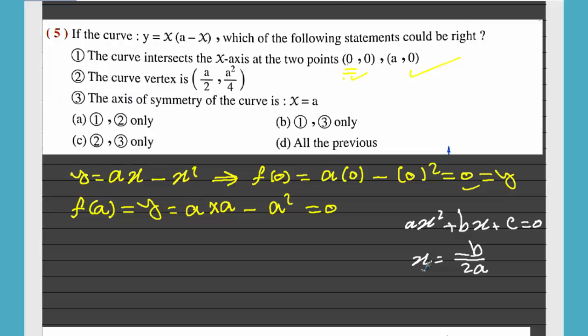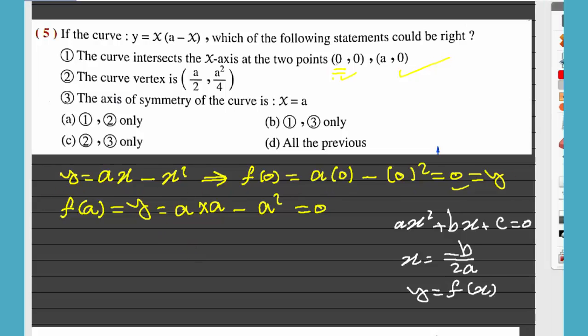This is the x coordinate, and the y coordinate equals f of x, of course, f of negative b over 2a. So we have the equation here. y equals ax minus x squared.